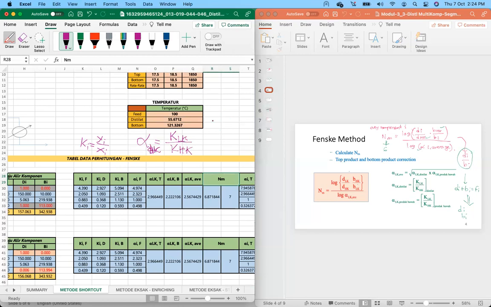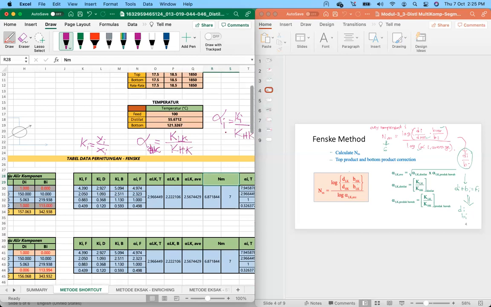If you are asked alpha I, the relative volatility of component I is also K I divided by K HK. So if I ask what is the relative volatility for the heavy key, it would be equal to K HK divided by K HK, which is equal to 1.